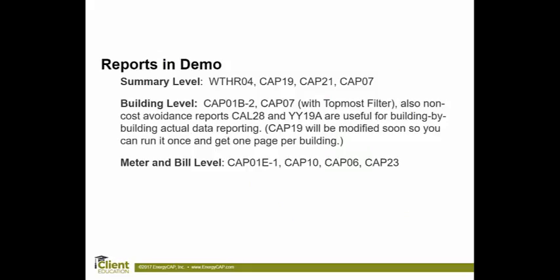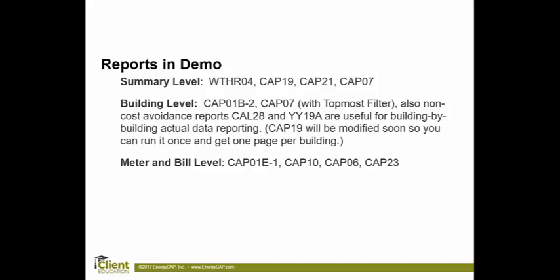The reports that I'm going to show you in just a moment are at 3 different levels. There's a summary level. That would be an organizational level to show total performance across all of the buildings that you're running cost avoidance on. And then next down is building level. These are reports that show individual buildings, either one building per page or many buildings on a page.